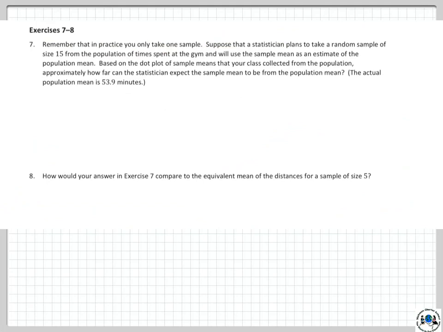Now, just to note, and they've said this before, remember that in practice, you only take one sample, okay? Suppose a statistician plans to take a random sample of size 15 from the population of time spent at the gym, and will use the sample mean as an estimate of the population mean.